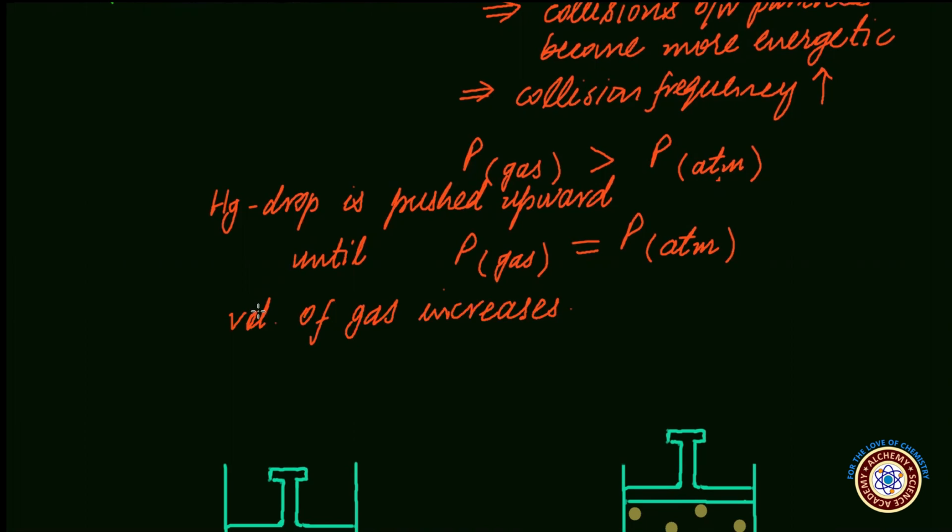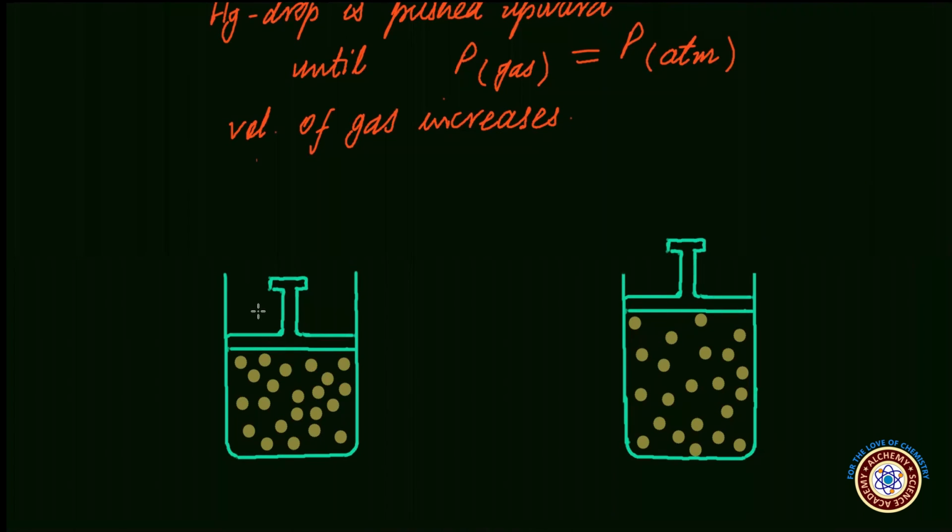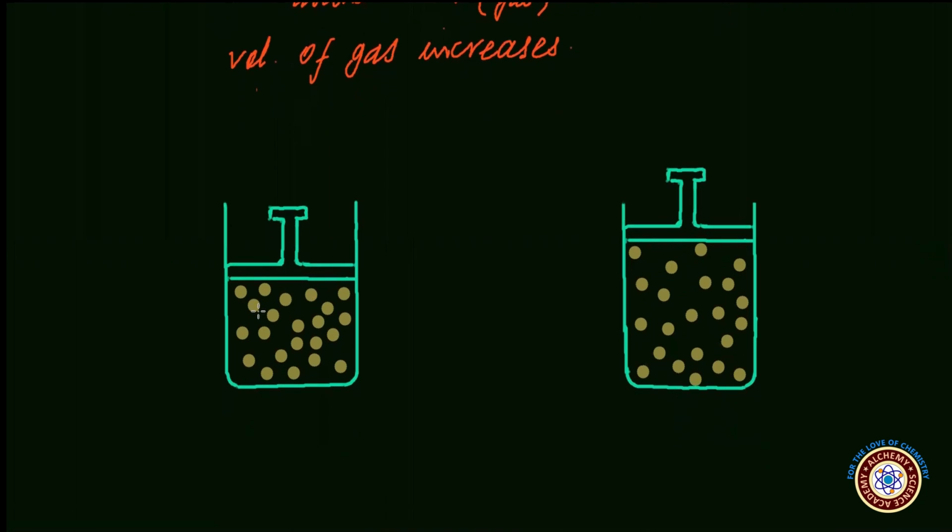The opposite happens when the gas is cooled or when the temperature of gas is decreased. Using these observations, Jacques Charles proposed a law called Charles' law in 1787. Now let us look at this figure. Say this is the constant external pressure P, which can be atmospheric pressure or any applied pressure, and this is a gas with n moles of gas.